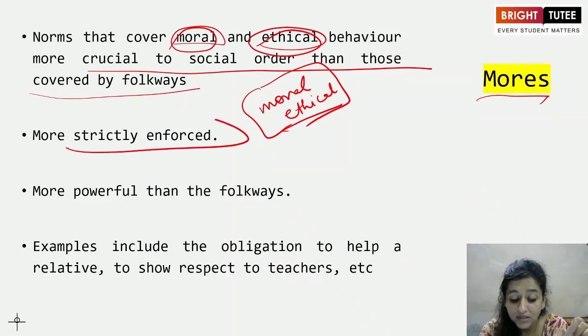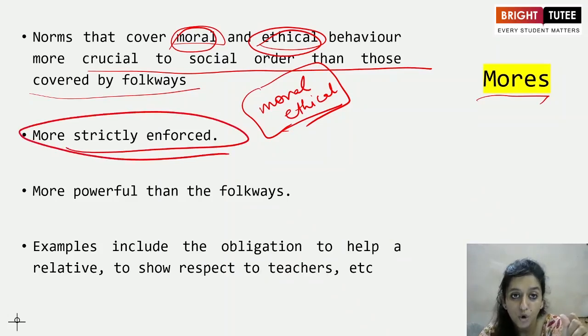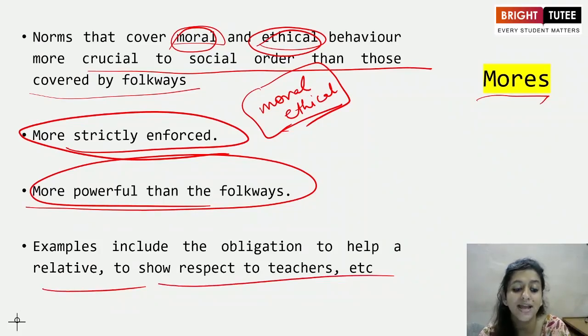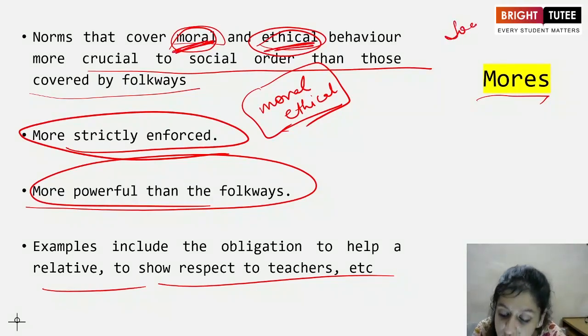These are more strictly enforced, more powerful than folkways. Examples are the obligation to help the relatives, to show respect to teachers, etc. All of these things become a part of your mores, as in the ethical part of your behavior that you have to practice under the social norms.